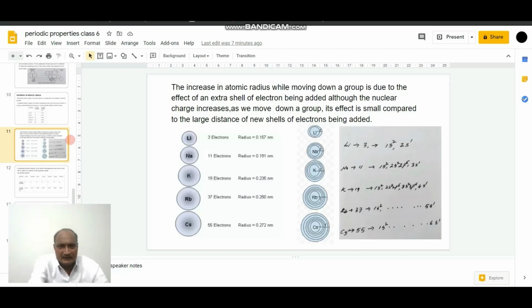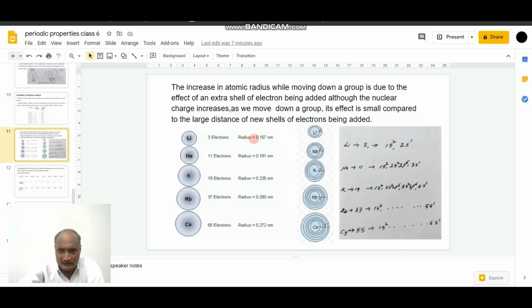For example, here the atomic number of lithium is 3. There are 3 electrons in the form of 1s2 and 2s1, which means there are only 2 shells. Half of the distance between the nucleus of lithium and the valence electron gives the radius, and it is equal to 0.157.